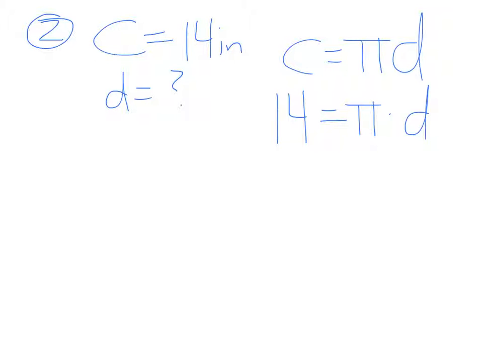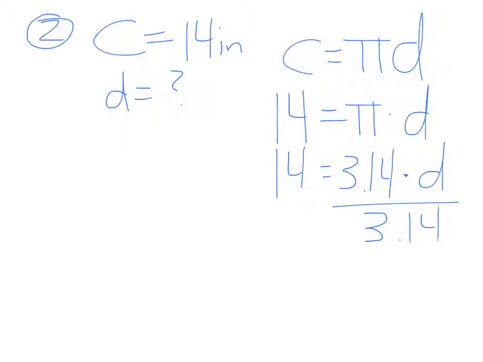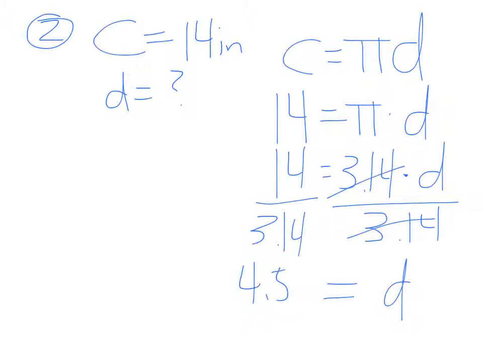So in this case, it would be 14 equals 3.14 times d. So to find the diameter, divide by 3.14. In this case, after using a calculator, round to the nearest, it doesn't say what to round to, but probably the nearest tenth, we end up with d equals about 4.5 inches. That's number 2. So we're kind of using the formula to work backwards there.